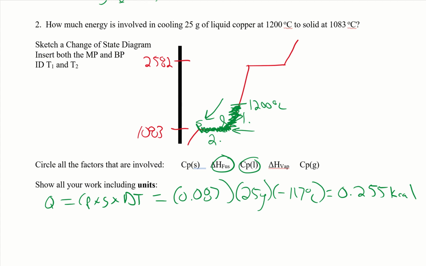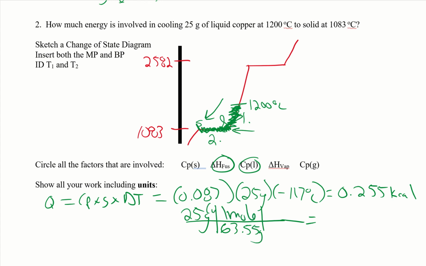Second step, phase change. And we're going from a liquid to a solid, we're cooling. So we're going to use our delta H of fusion. This one's going to be 25 grams. We're basically just going to set up some dimensional analysis. The molar mass of copper, look it up on your periodic table, is 63.55 grams in 1 mole.